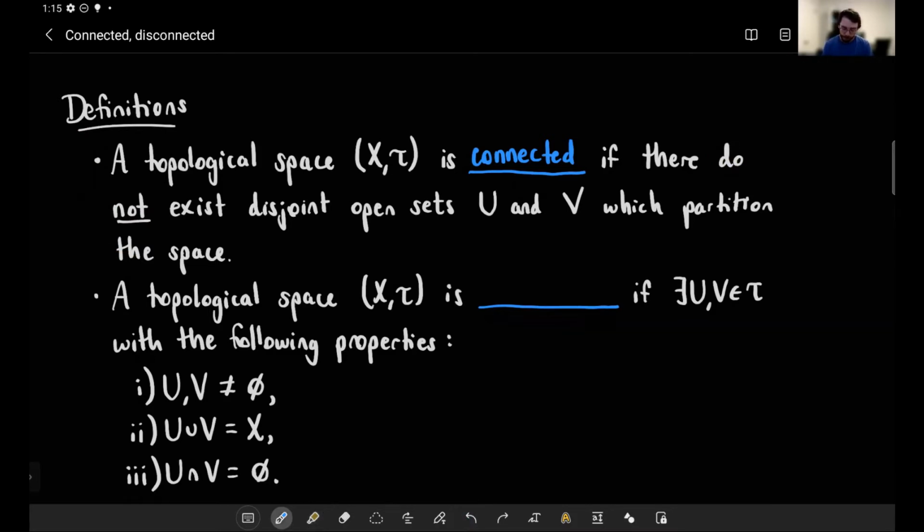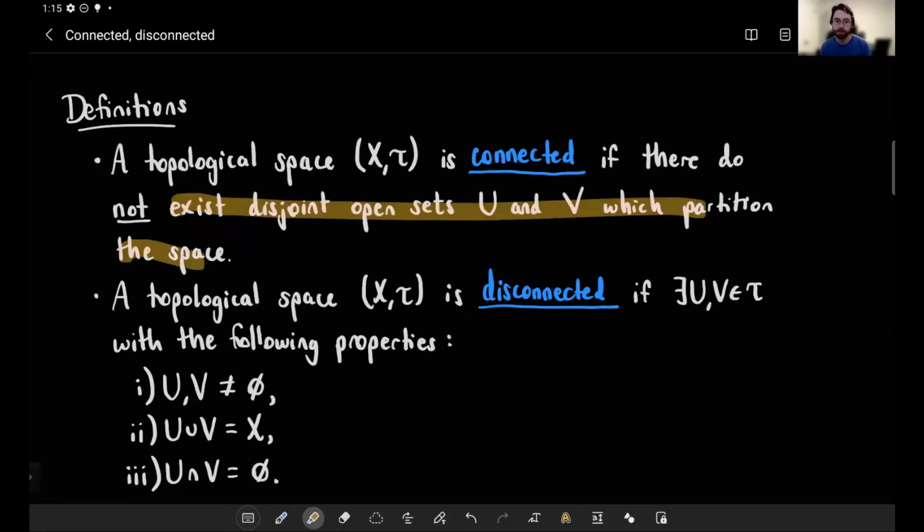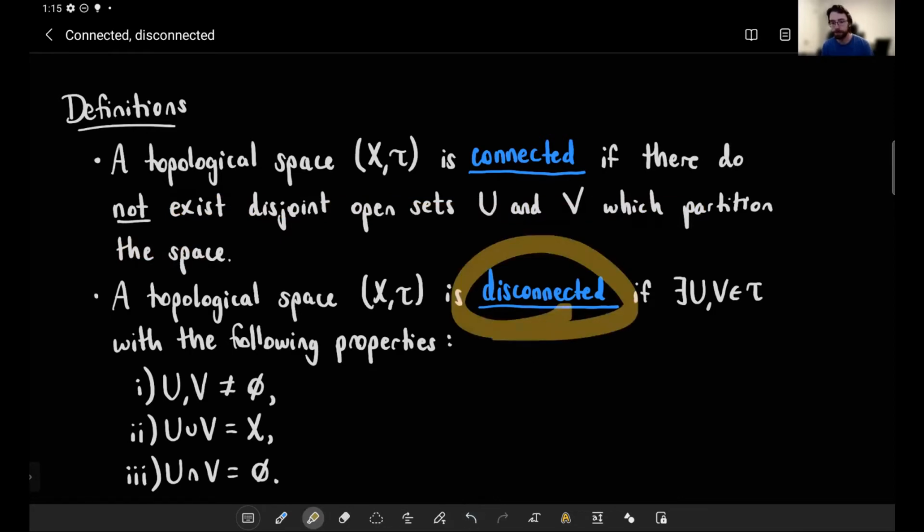Well, then it's what we call disconnected, and disconnected would mean there do exist disjoint open sets U and V which partition the space. We work with disconnected more often than connected, for the reason that it's such an ugly definition.